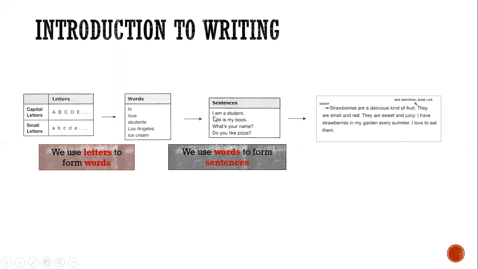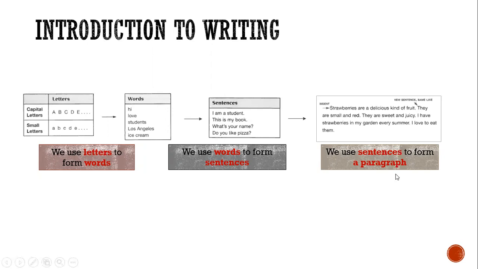This first sentence, I am a student, consists of 4 words: I, am, a, and student. And then when writing, we combine these sentences into what we call a paragraph, which usually has an indent and more than one sentence together.